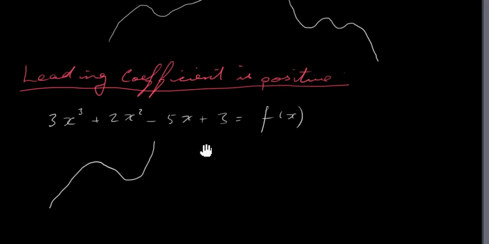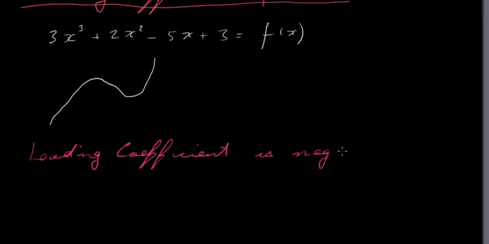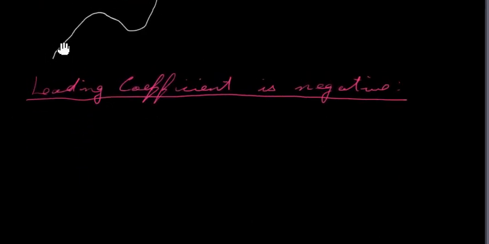Okay, so if the leading coefficient is negative, so for example, if we have minus 3x cubed plus 2x squared minus 4x plus 7, if that's our function f of x, then what happens is the right arm points down and the left arm points up.